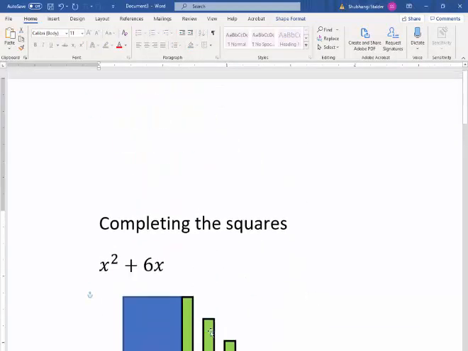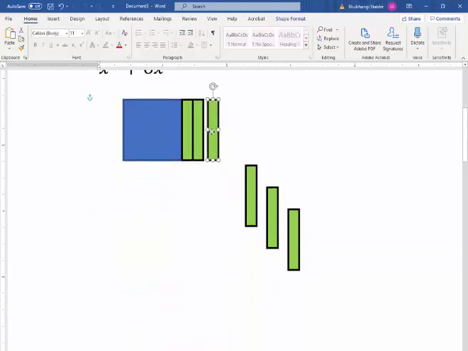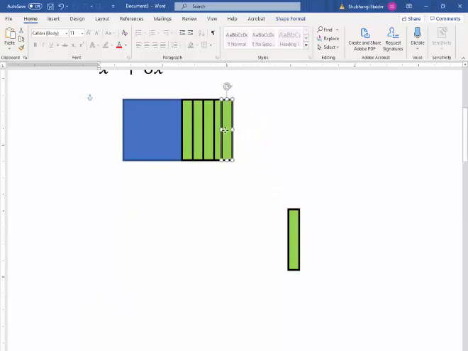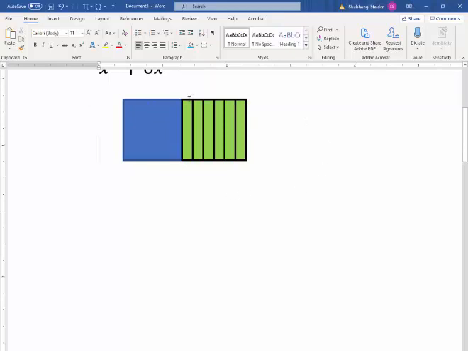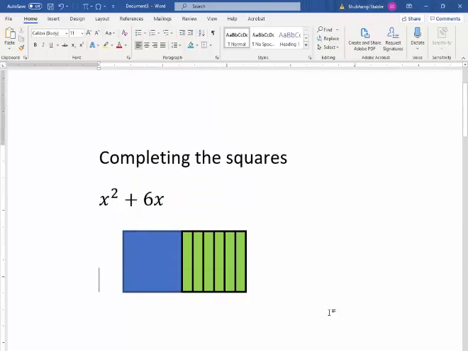So there are 6 of those, and so let's just put them here. What shape do you see right now? Just all the way across, you have x squared, 1x, 2x, 3x, 4x, 5x, 6x. It's a rectangle, isn't it? Can you see the rectangle, everybody?